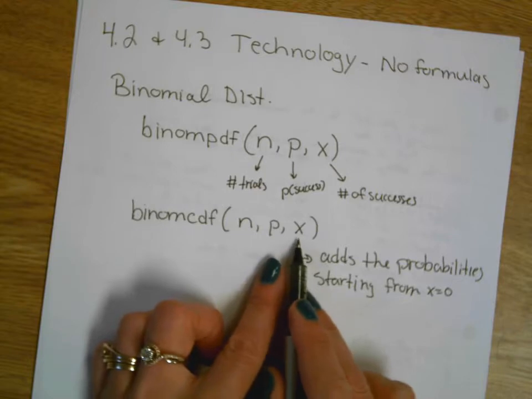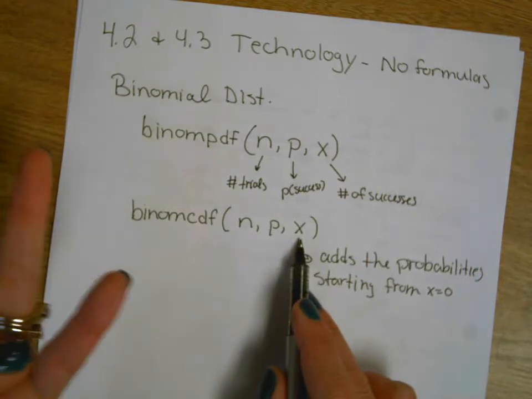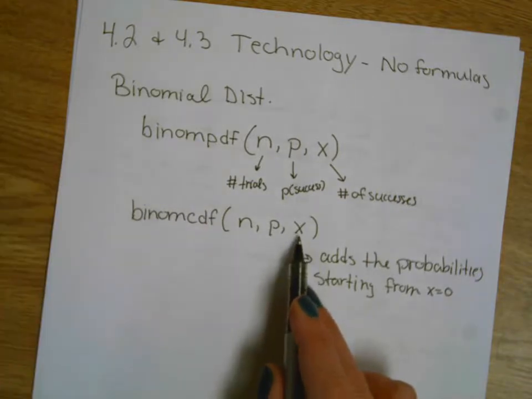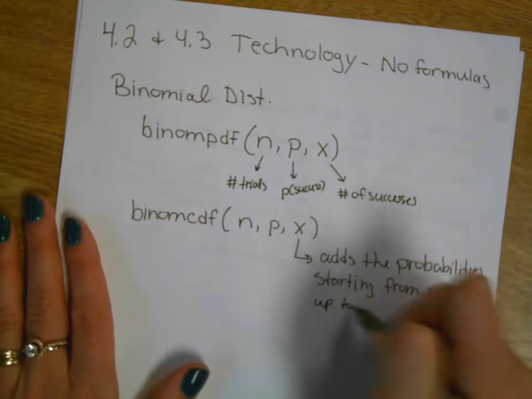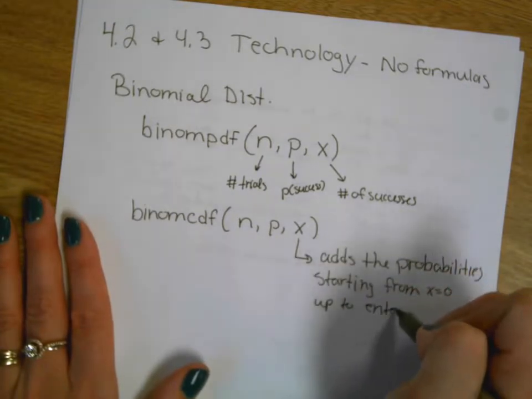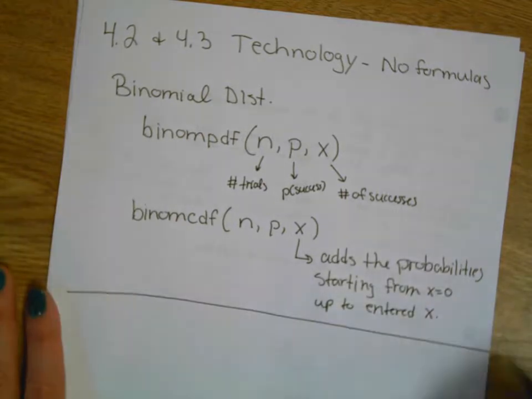So if you were to put a 3 in there, it would add p of 0 plus p of 1 plus p of 2 plus p of 3. So it starts at 0 and stops at this x value. Okay, so that's your binomial.